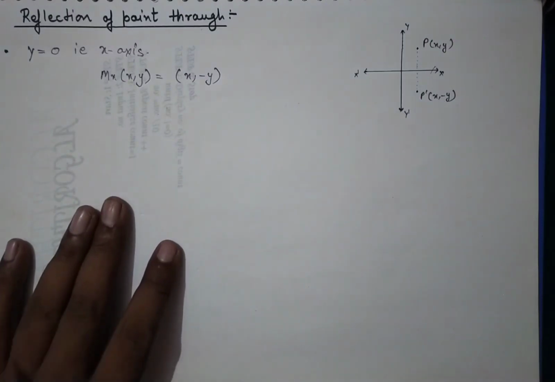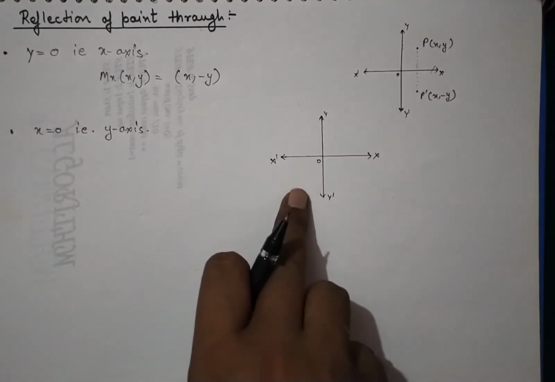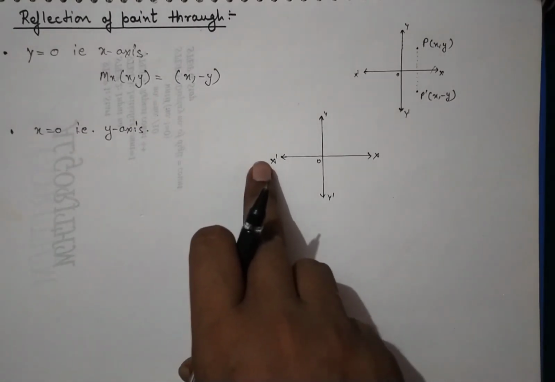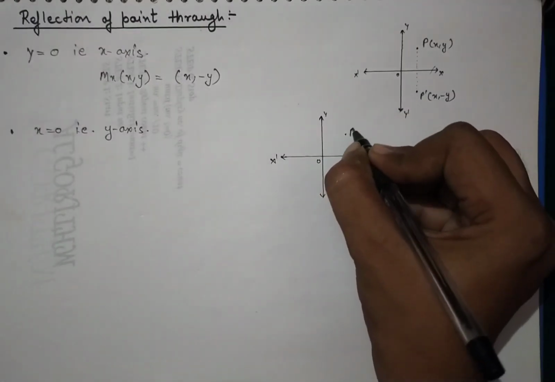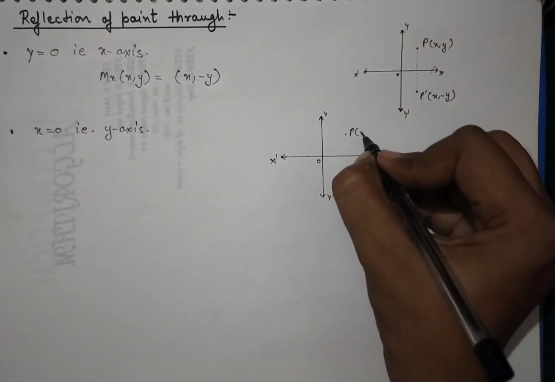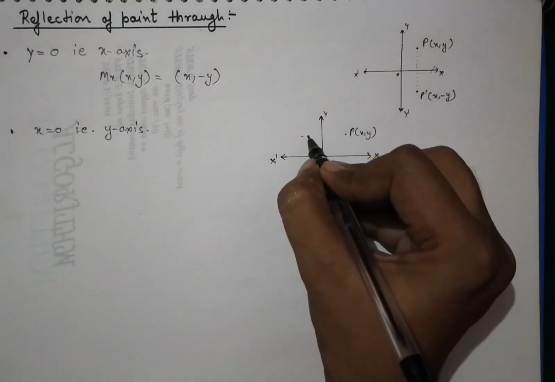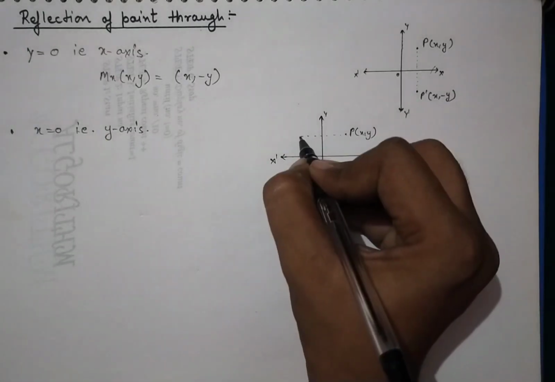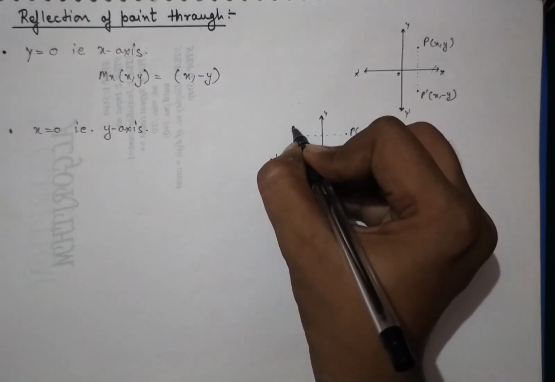And now for the y-axis, when we reflect the point through the y-axis, that is, if the point is over here, P (x, y), then it will reflect in this direction, and it will be plotted somewhere over here, that is P dash.